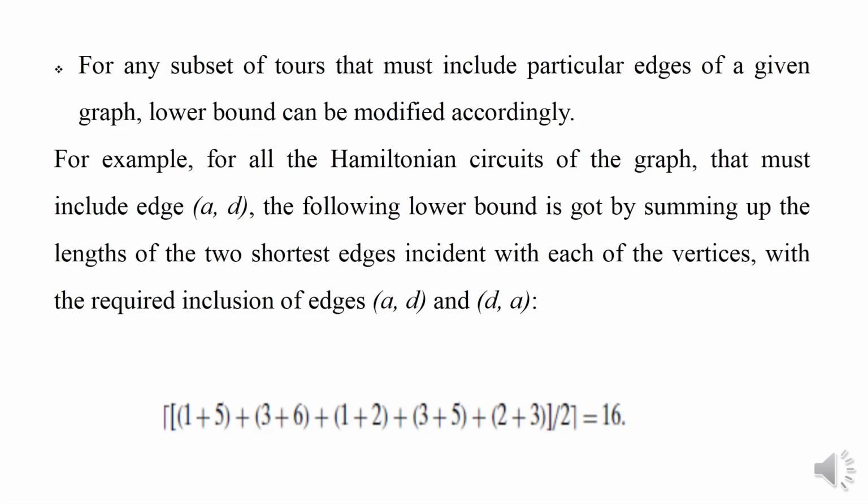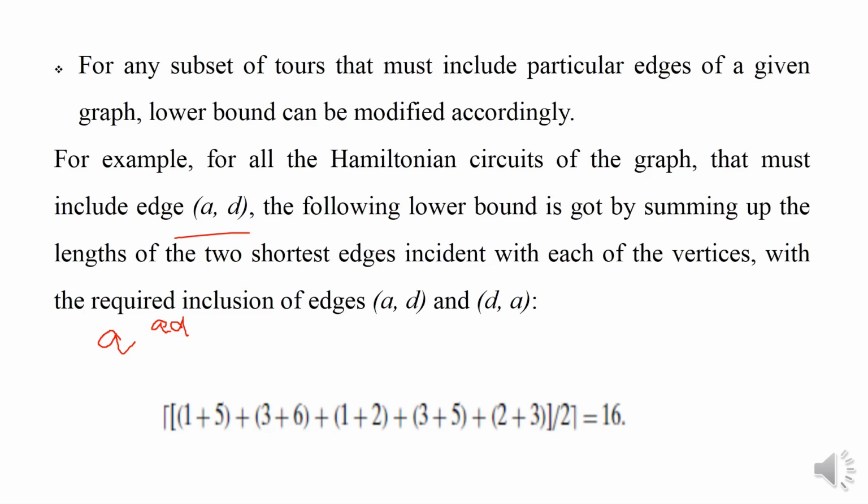For any subset of tours that must include any particular edge, we can modify the lower bound as per need. So for example, if we want Hamiltonian circuits of the graph that must include edge AD, then when getting the lower bound, for the vertex A, when we take the edges with minimum weight or shortest edge, we have to include the edge AD.